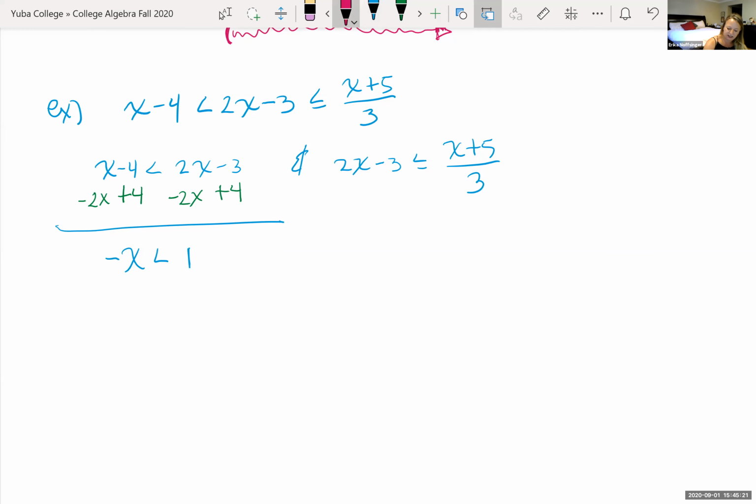I don't want a negative 1, but to get rid of the negative 1, I have to multiply or divide by a negative, and so that flips my inequality sign. So I get x is strictly greater than negative 1.